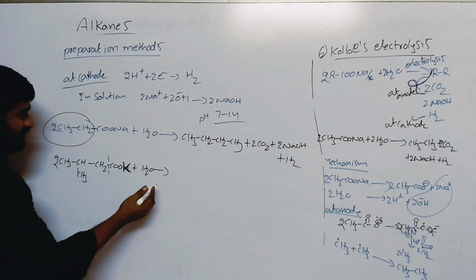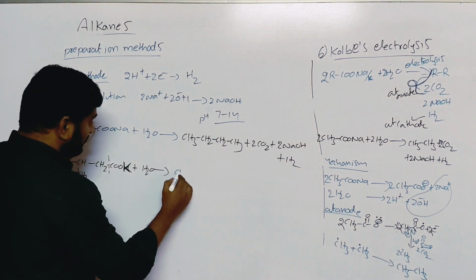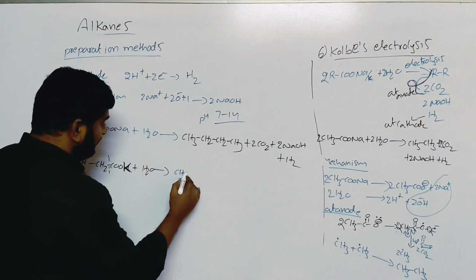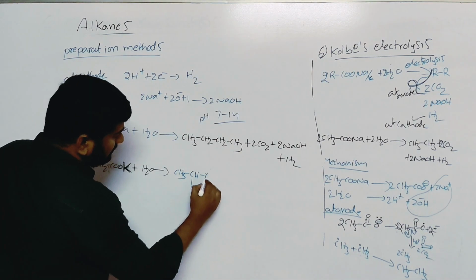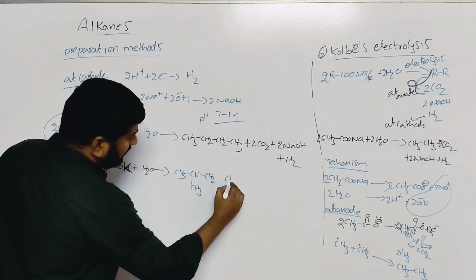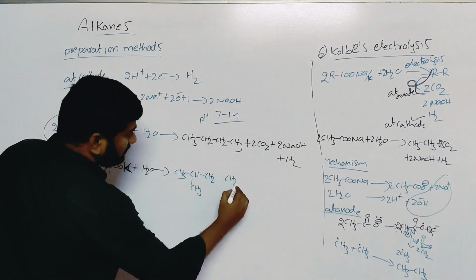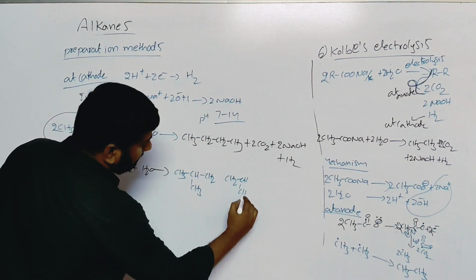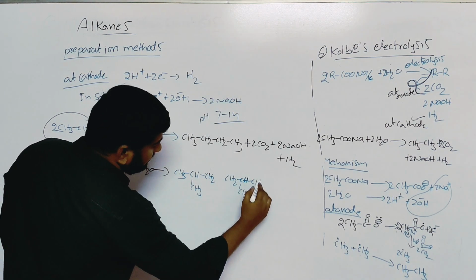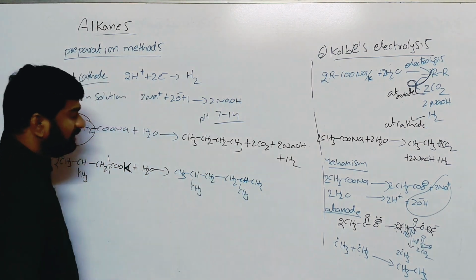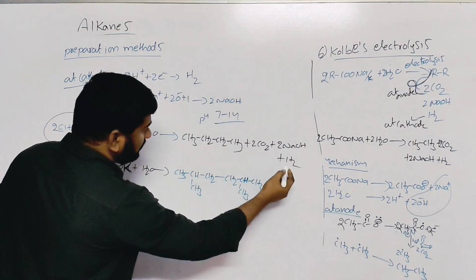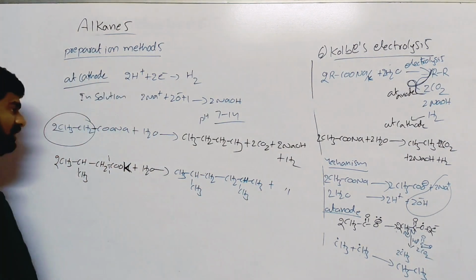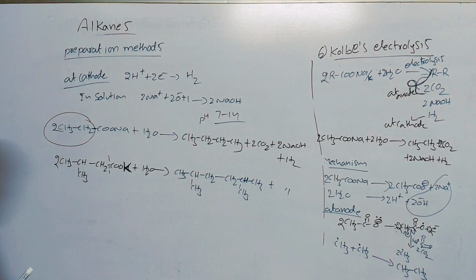Whatever alkyl group that is, you have to write it 2 times. Then what do we get? CH3CH2CH(CH3) combined with CH(CH3)CH2CH3. These two you have to combine. This compound is obtained, and the remaining products are CO2, NaOH and H2. In this way we can prepare the alkanes.